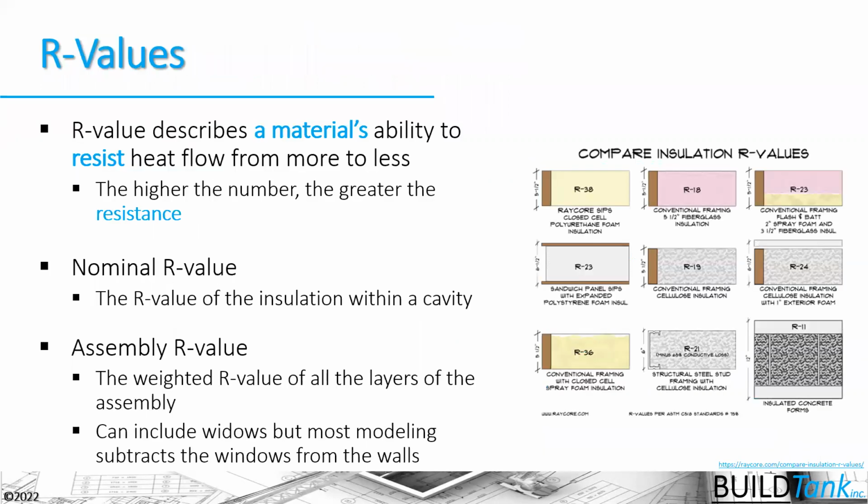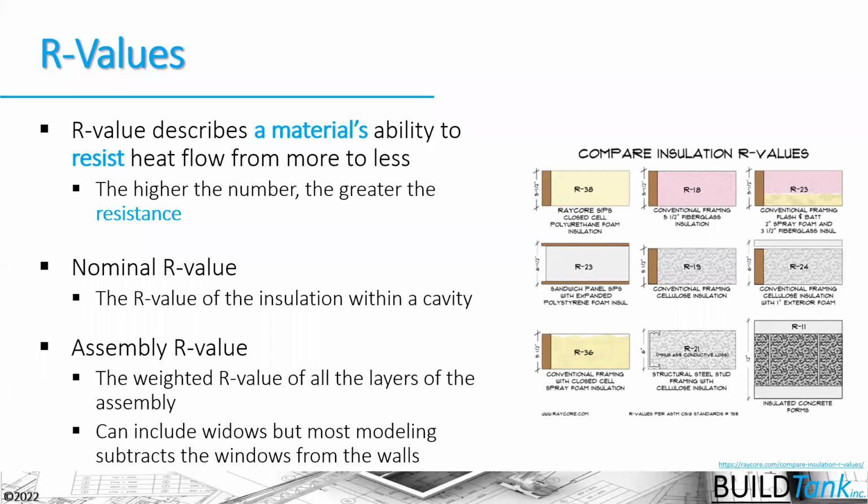What this section of the code really is helping us understand is that the code is trying to always protect the building thermal envelope. So this section, even more so than other compliance options in the code, is really dealing with R values and U values. So R values describe a material's ability to resist the flow of energy.